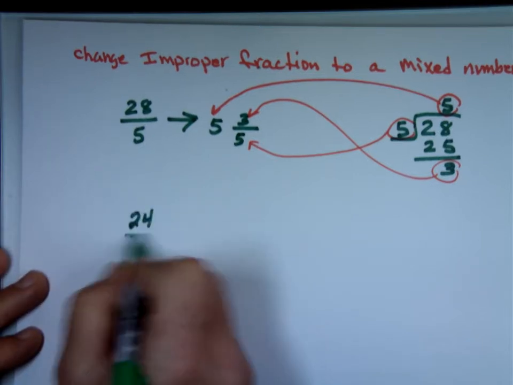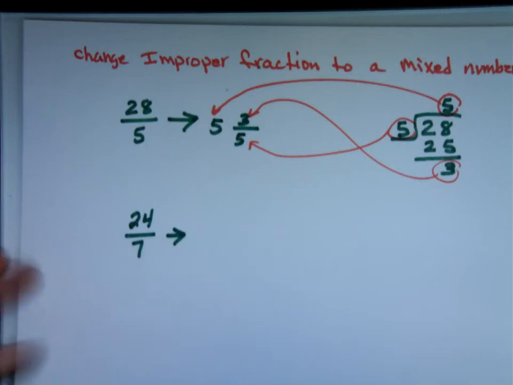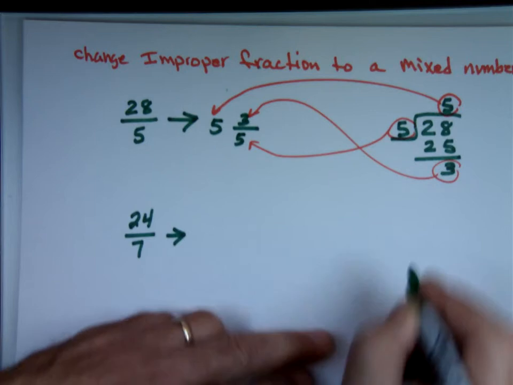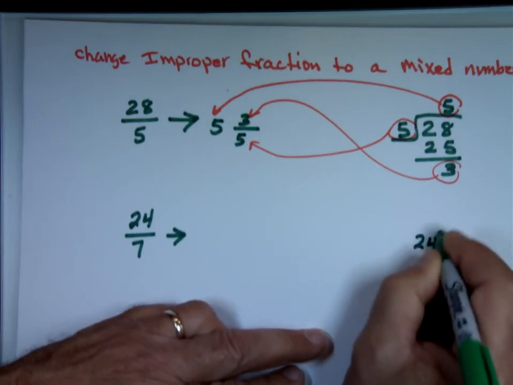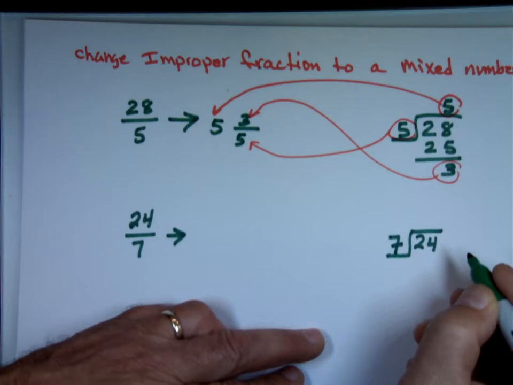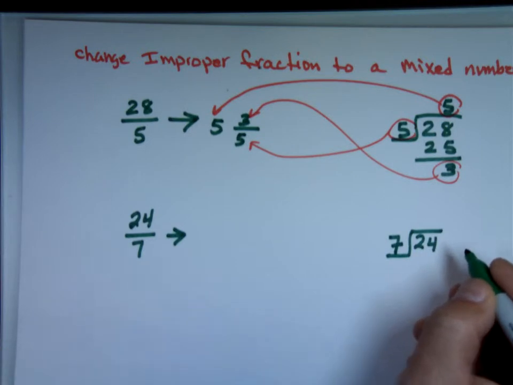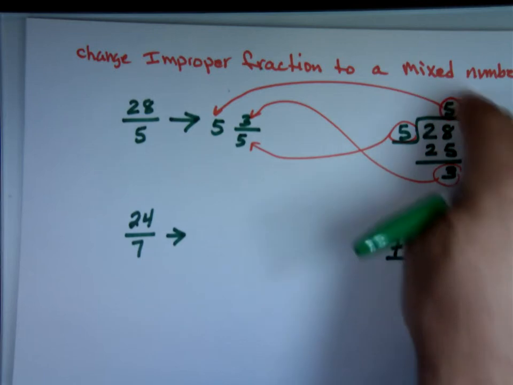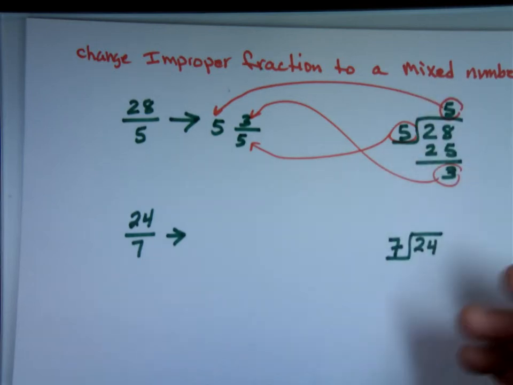24 over 7. Same thing. 24 divided by 7. You know what? Let me change it, because both these numbers happen to be the same.